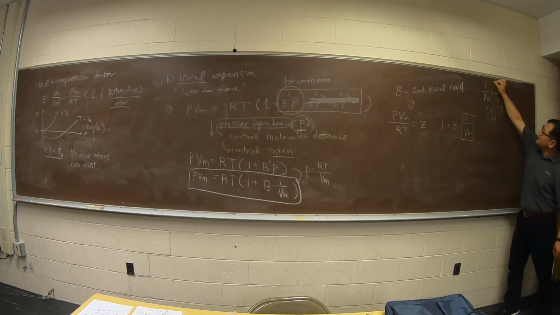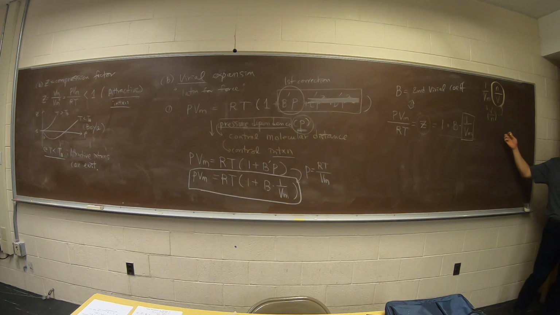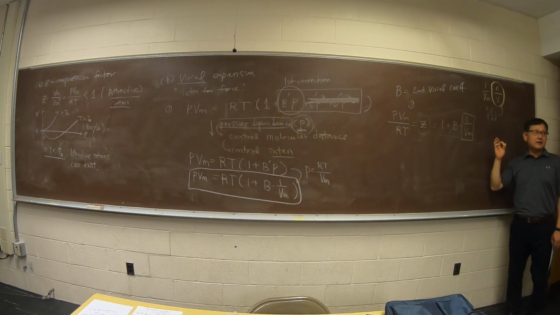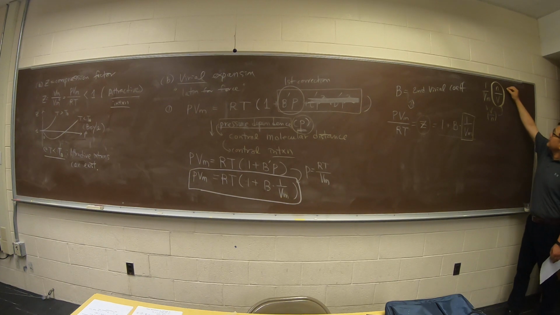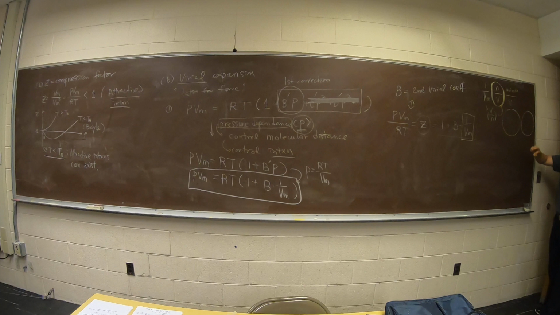So what does this mean? N over V. You see, this will come up once again in the van der Waals equation. That's the number of moles of gas in volume V. So if you're talking about two different 1 over Vm, one has this, the other one has only this, but this one has that.